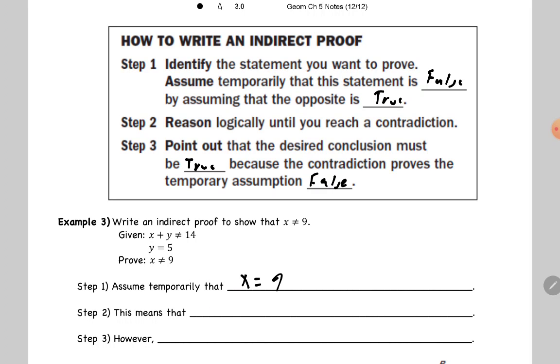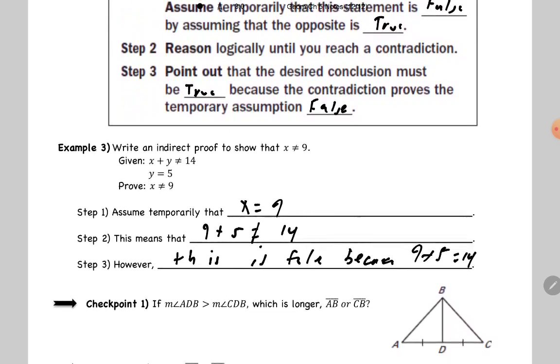That means x plus y is not equal to 14, or 9 plus 5 is not equal to 14. However, this is false because 9 plus 5 does equal 14. Therefore, x cannot equal 9. Okay?